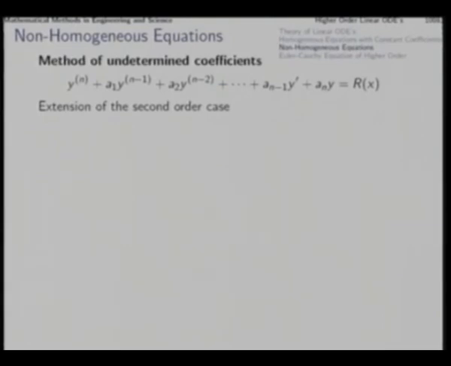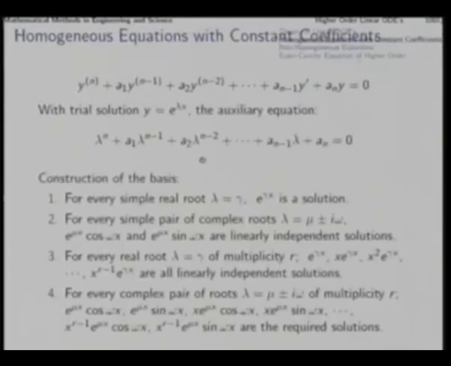Here also those modification rules will apply. Even if the right hand side happens to be e to the power gamma x, if e to the power gamma x is already there in the basis for the solution of the homogeneous equation, then rather than proposing e to the power gamma x, you will propose x into e to the power gamma x.